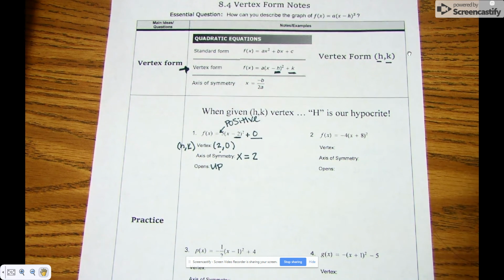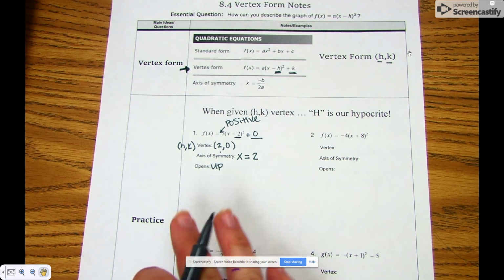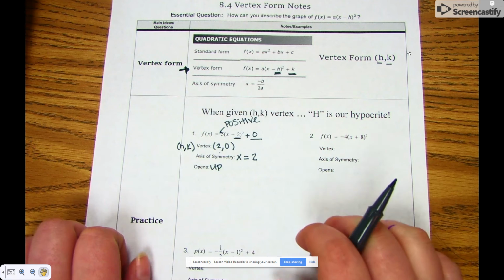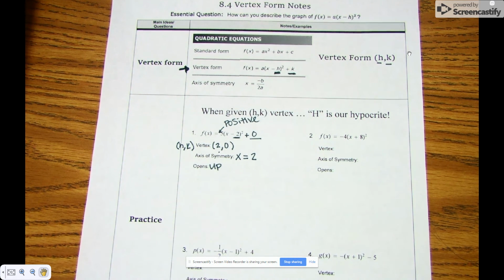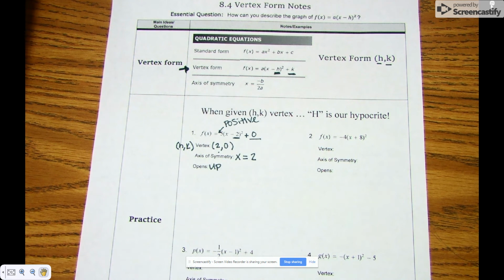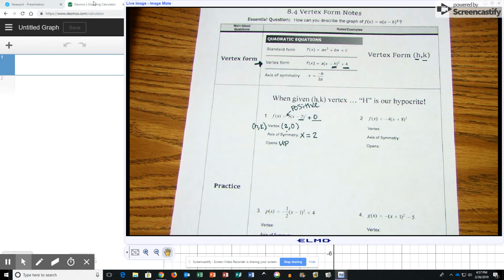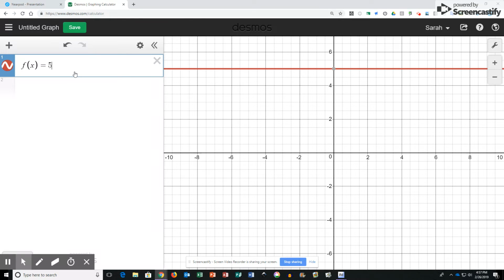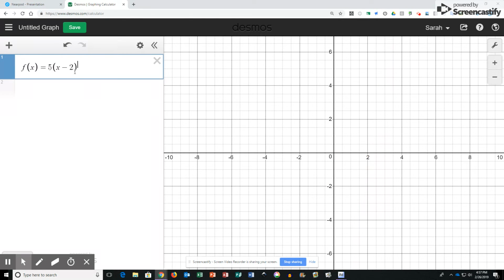Okay. Everything you do today, you will also check in Desmos. So now that we've done it all by hand in our notes, let's check it in Desmos. So if I go to Desmos, I'm going to type in that equation. So I have f of x equals 5 times x minus 2 squared.